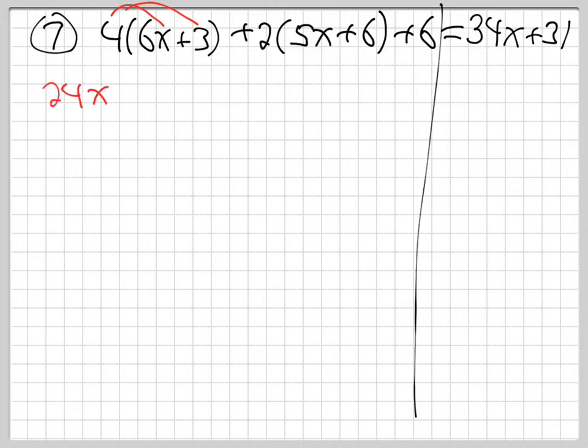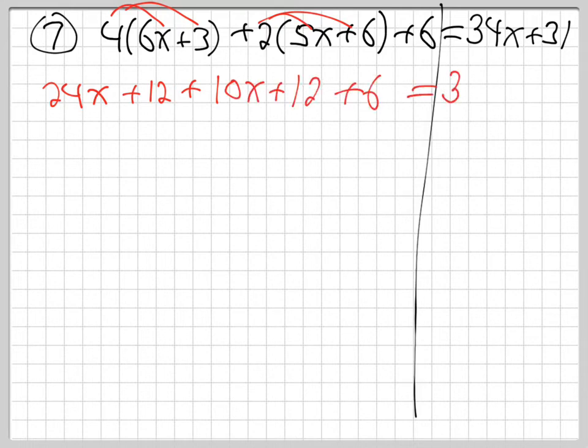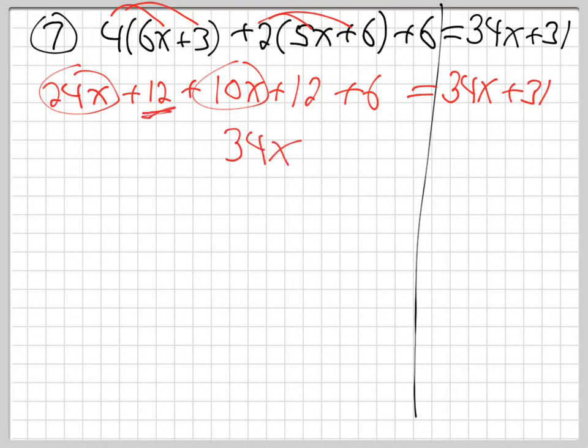We're going to get 24x plus 12, and this 2 will multiply through. 10x plus 12 plus 6 equals 34x plus 31. And then combine like terms. 24x and 10x, it'd be 34x. 12 and 12 is 24, and 6 is 30.